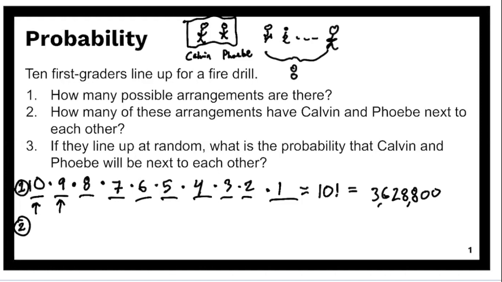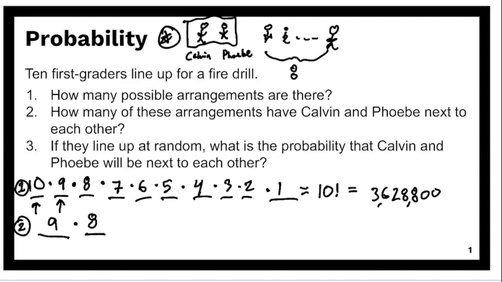So we can go through the same process we did in number 1, thinking about this grouping of students. In the first spot, we could put Calvin and Phoebe, or we could put any of the 8 other students. So in the first spot, we have 9 different groups or elements that we could put in that spot.